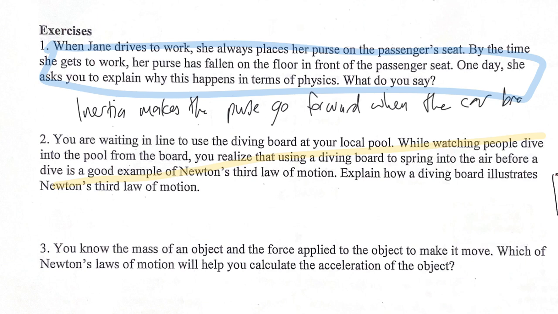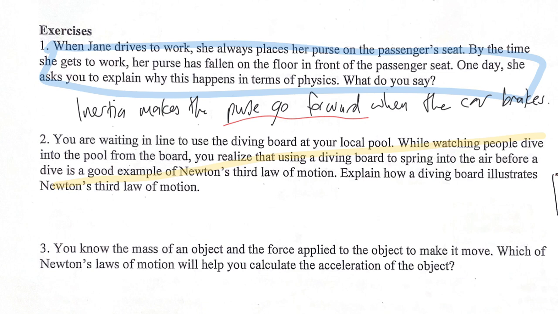Now, there's a couple of things that can be added to that. So, the idea is that the purse going forward, let's put a little bit more detail to that. The purse doesn't go forward, or it doesn't accelerate. It's staying at the same speed, all right?